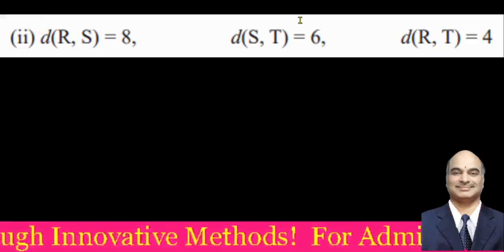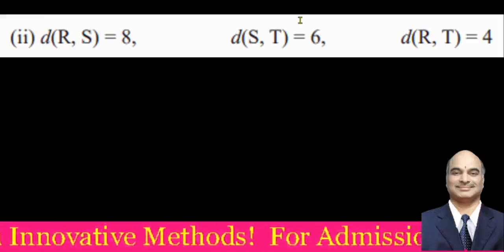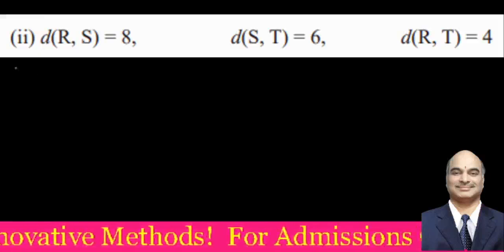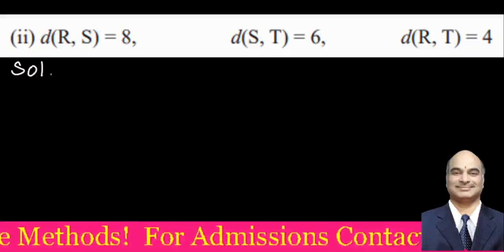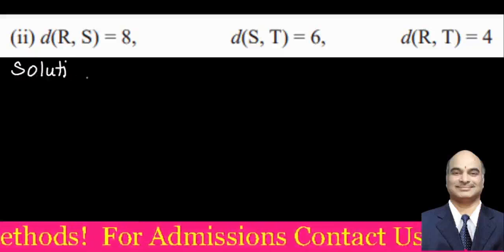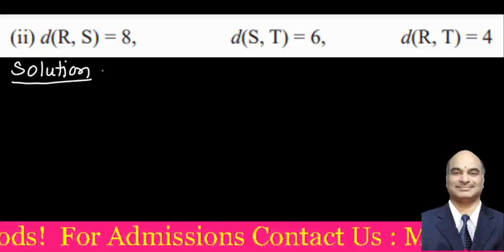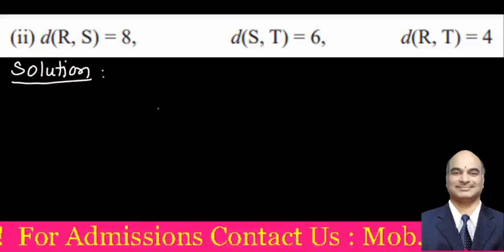Okay, the next sum is given to you, distances are given. You have to find whether these are collinear points and which point lies between the other two.